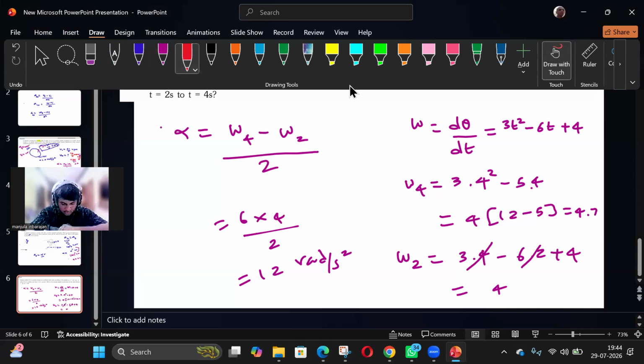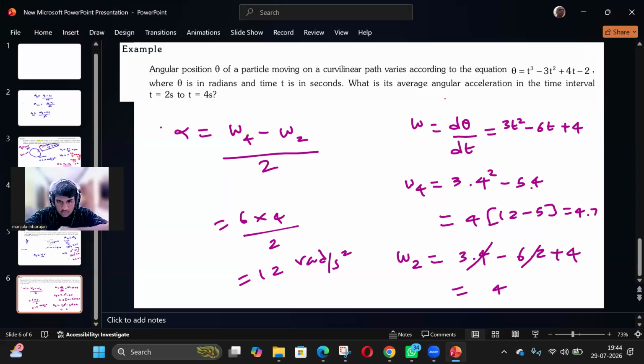Is it 4? No, like the omega at 2 value, omega at 4.